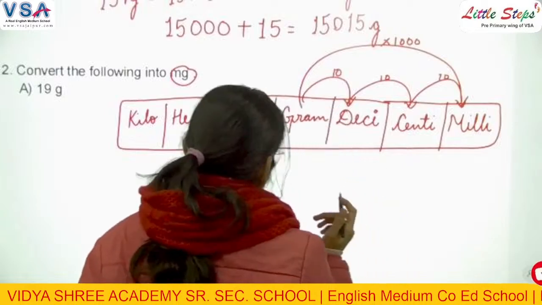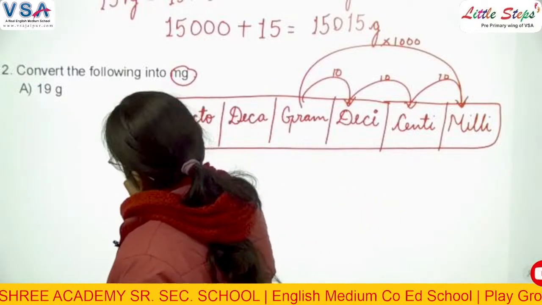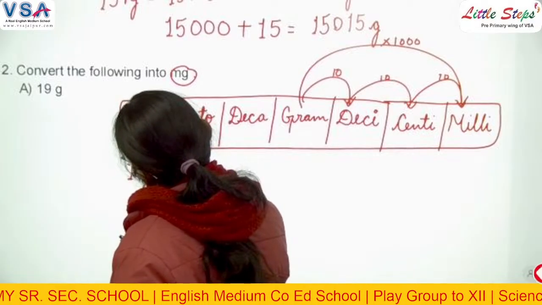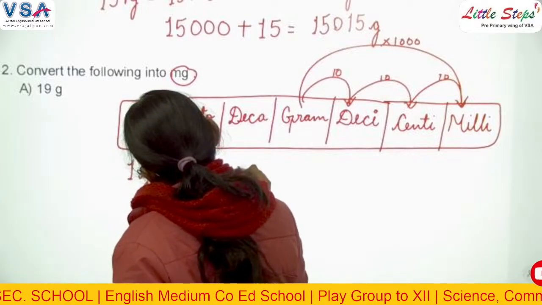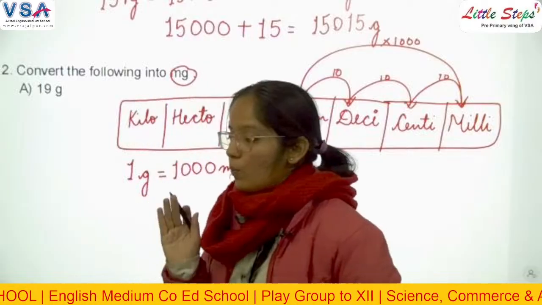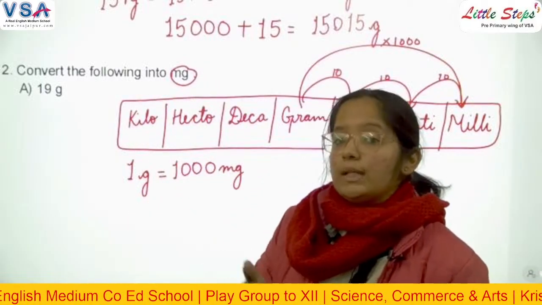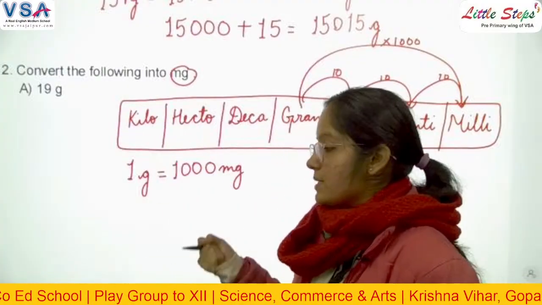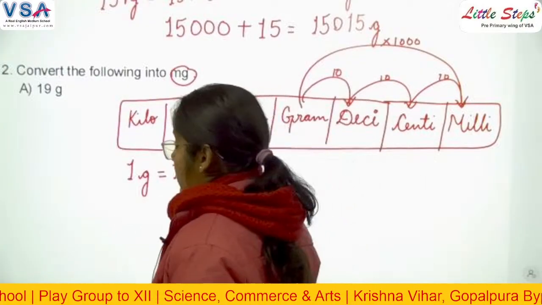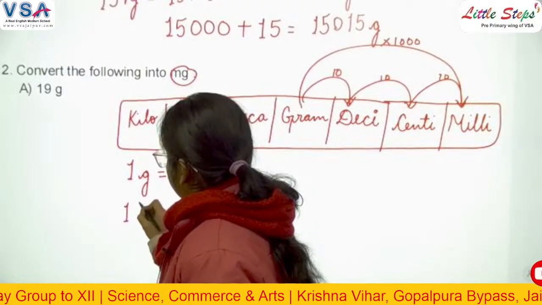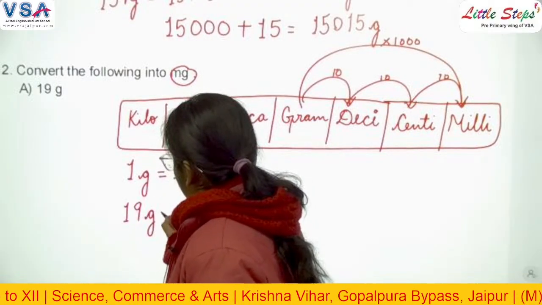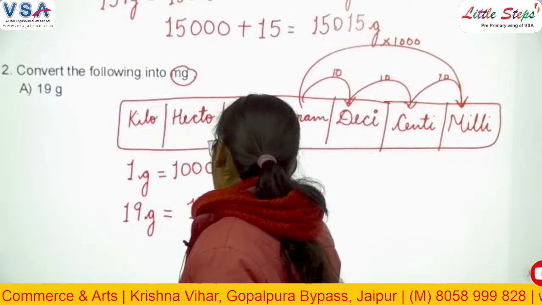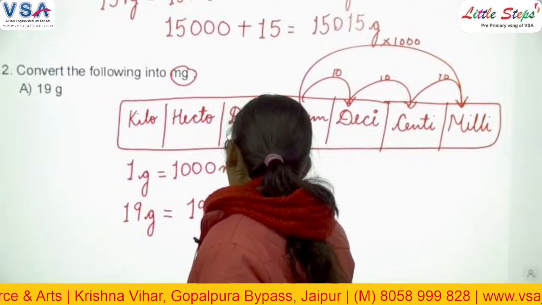So what do we have here? We have 19 grams. 1 gram is equal to 1000 milligrams. Then what will be the equal of 19 grams? If we convert 19 grams into milligrams, 19 grams equals 19 multiplied by 1000.